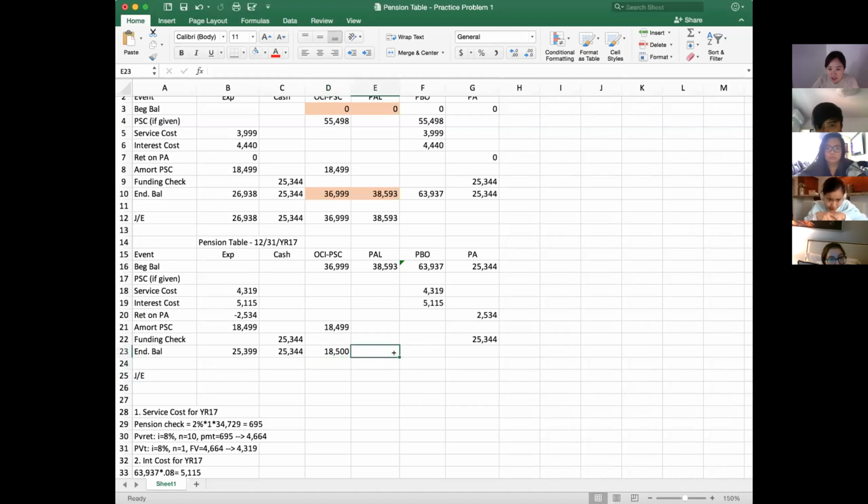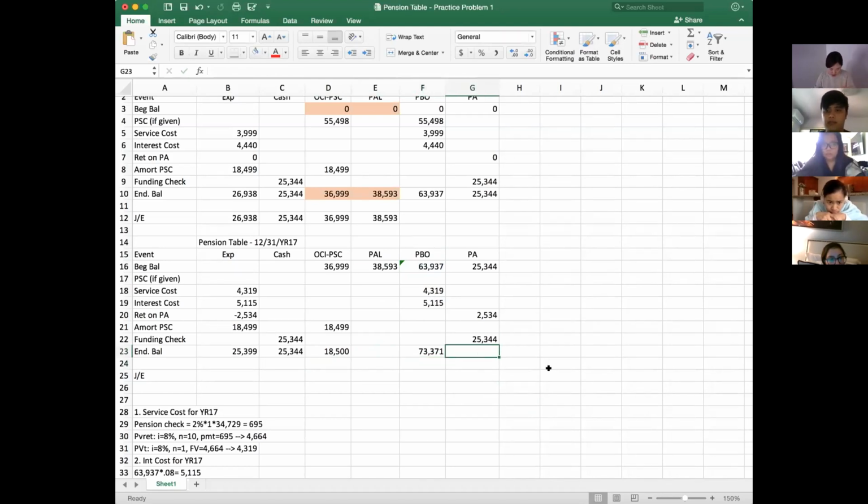And then plan asset or liability, let's take a look at this. Once we calculate ending balances for PBO and plan asset, we take the difference and that will become the ending plan asset or liability balance. So PBO balance starts with the beginning balance and then increases with the service cost and interest cost.